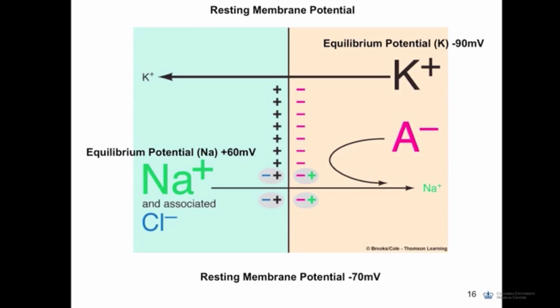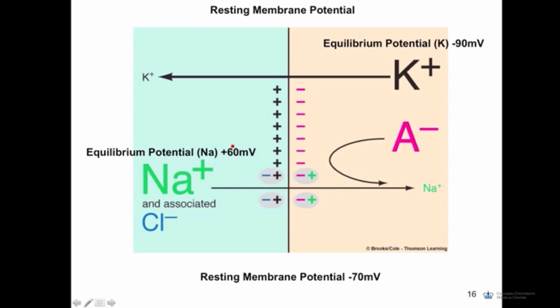The average cell, in fact, has very few passive sodium channels, but a greater density of passive potassium channels. So potassium has a little more opportunity to cross the membrane and get closer to its equilibrium potential, while sodium has very little to no opportunity to freely cross the membrane and pull the cell closer to its equilibrium potential.